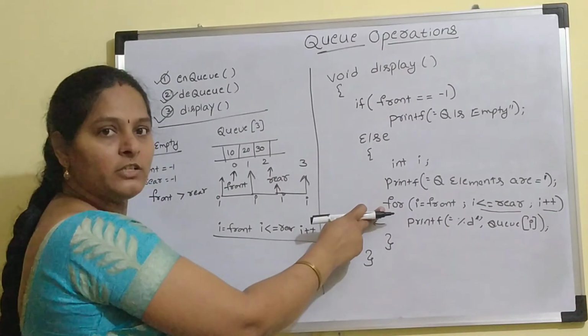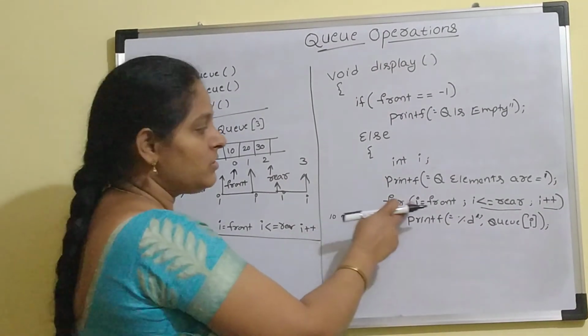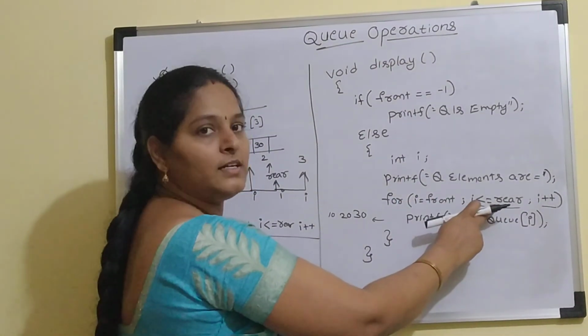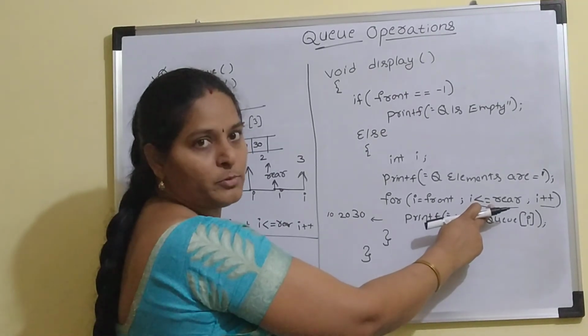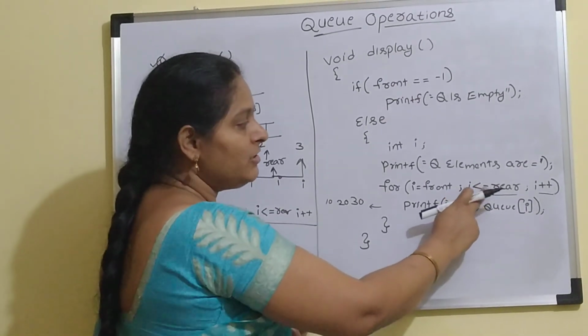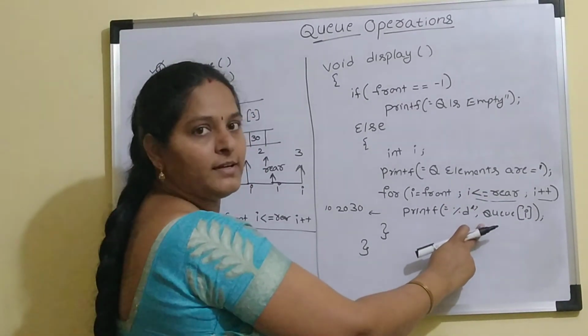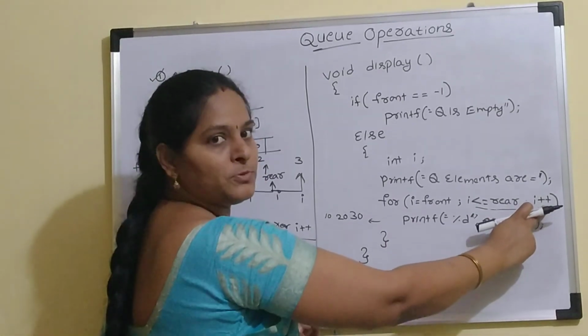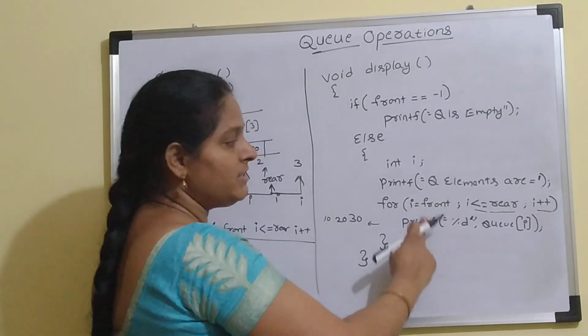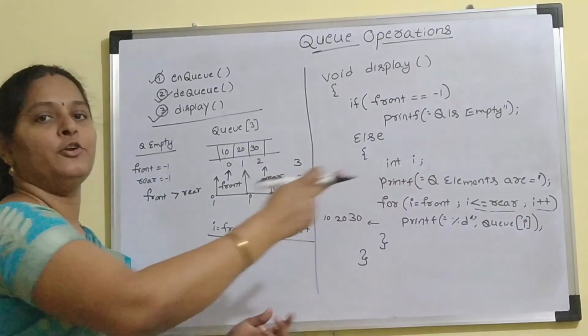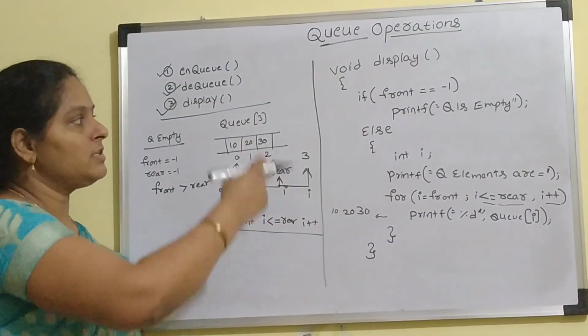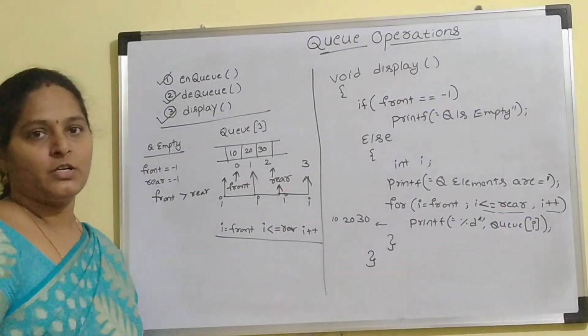Initialize the I pointer to the front value. This I pointer we should move till the end, or till the rear position. If the I value is less than or equal to rear, print the I value, then move to the next position. This loop repeats until it reaches the end of the list. So this is the way to display the queue elements.